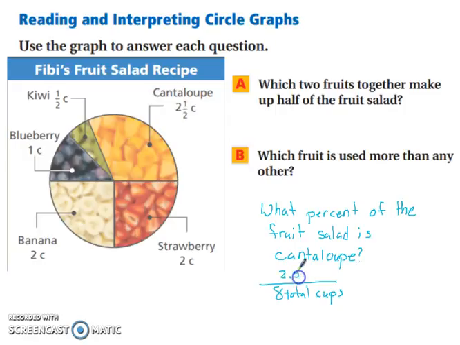Well, 2 1/2 was cantaloupe. So we're going to take our 2 1/2 and divide that by 8. And when we do, we end up with 0.3125. So it's 31.25%, so 31.25% of the fruit salad is cantaloupe.